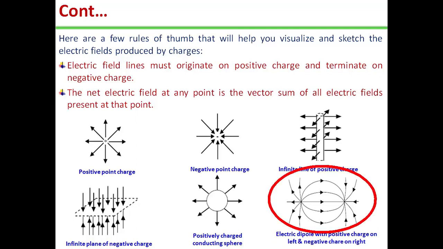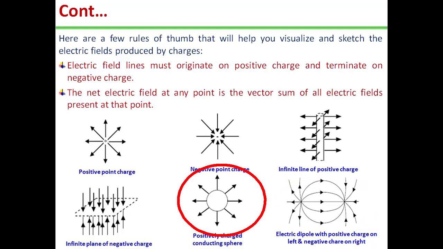Also, electric field lines can never cross each other, since that would indicate that the field points in two directions at the same location. And electric field lines are always perpendicular to the surface, as we have already discussed in the previous videos during the discussion of electrostatics.